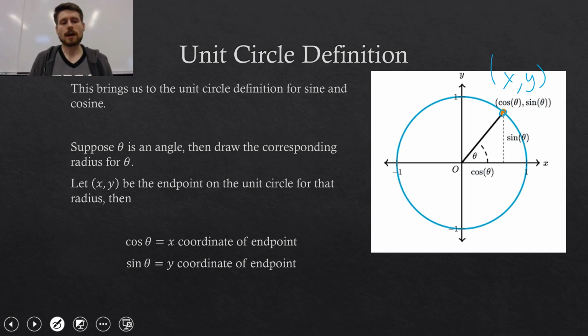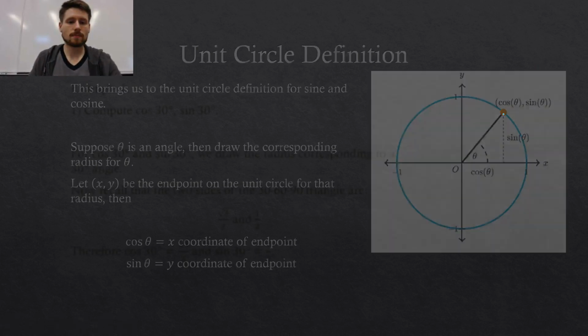Later on, we're going to look at triangles again, and physical triangles, and then we'll not need to worry so much about this unit circle definition, but this is the most powerful definition for cosine and sine. It allows the angle to be any angle, not just an angle that's less than 90 degrees.